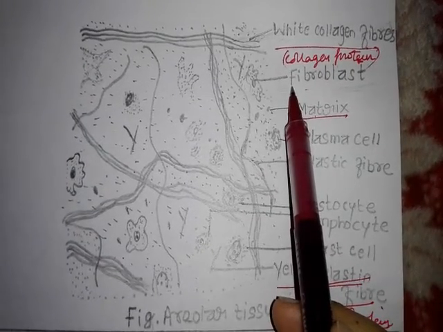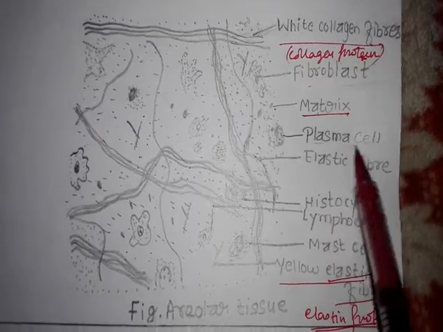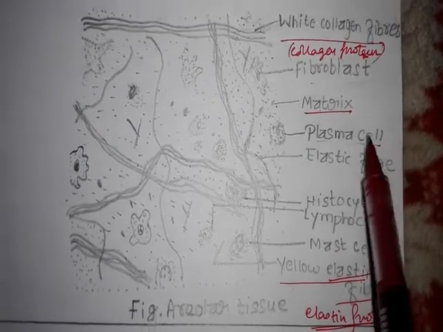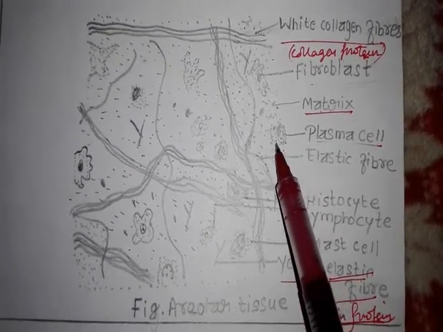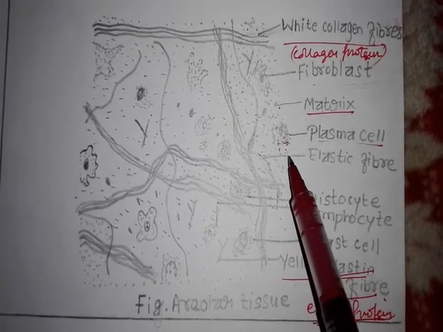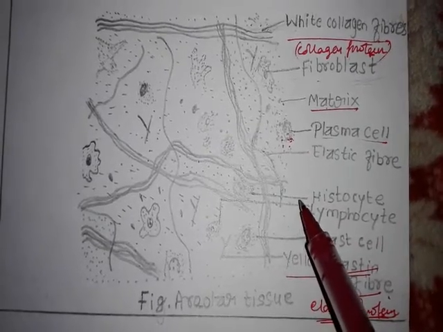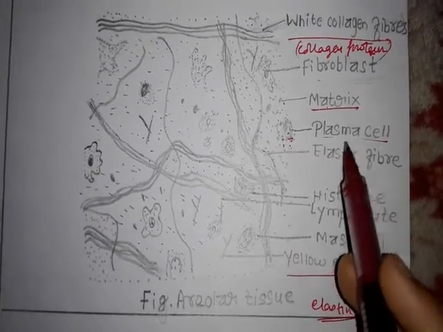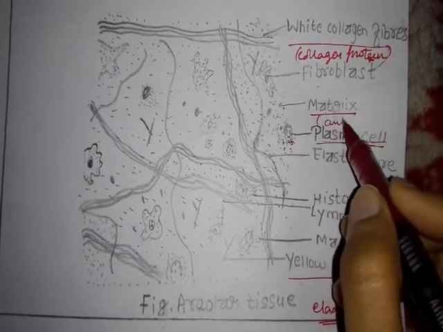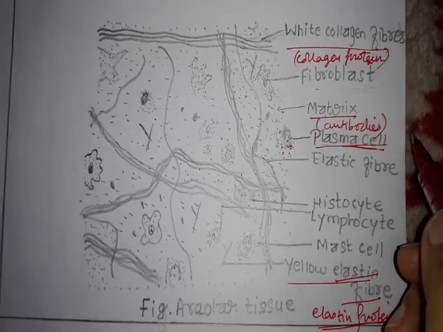Next one is the plasma cells. The plasma cells are small rounded or irregular cells produced by the division of migratory lymphocytes. They produce antibodies. The main function is the production of antibodies which help in defense.